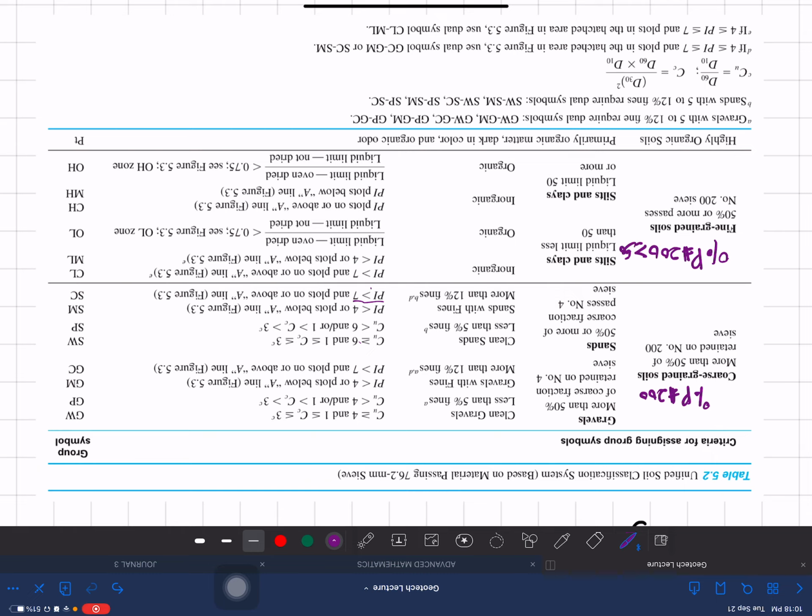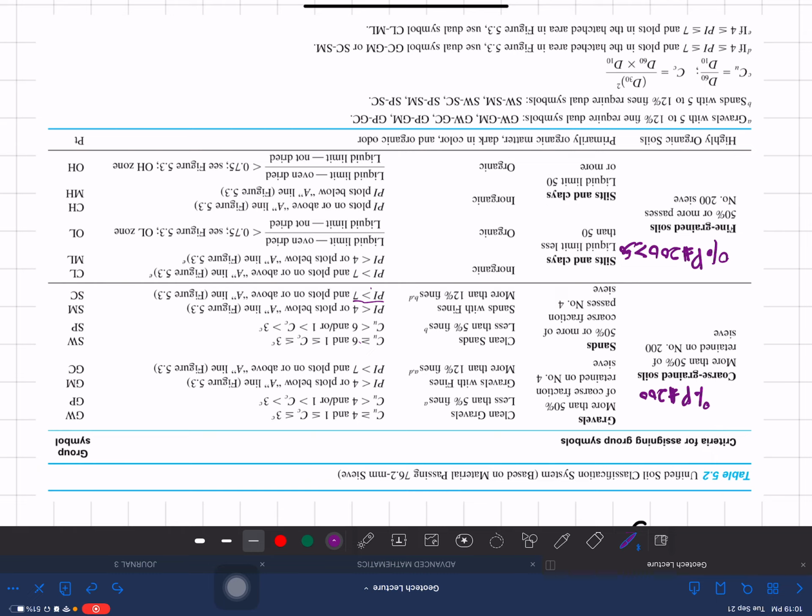The criteria here is that you have to check the liquid limit of the soil. Identify whether it is silts and clays, the first or the second. Their liquid limits are different. The upper one says liquid limit is less than 50, while this one says liquid limit is 50 or more. So by checking their liquid limit, you can identify which one it is.